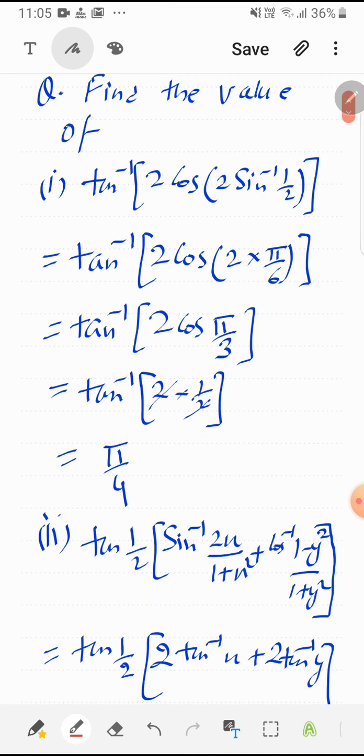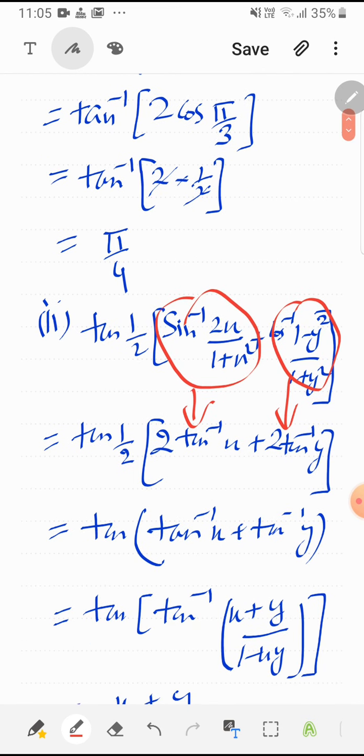Next question is tan of half in the bracket sin inverse 2x upon 1 plus x square plus cos inverse 1 minus y square upon 1 plus y square. So same, I have to find the value. As we know, the standard result for this is 2 tan inverse x and for this is 2 tan inverse y. So I am putting the value of these two functions.